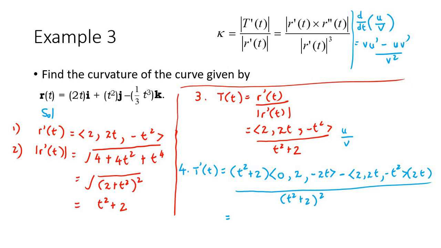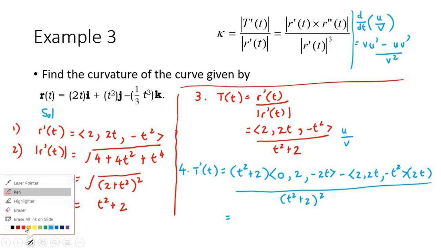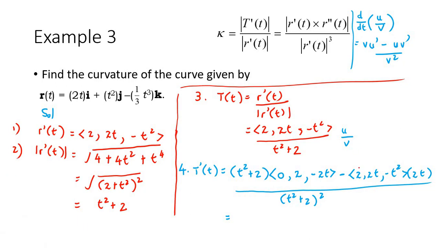Simplify it. This one, component i is 0, so component i comes from the second term. Minus 2 times 2t, so component i has negative 4t.